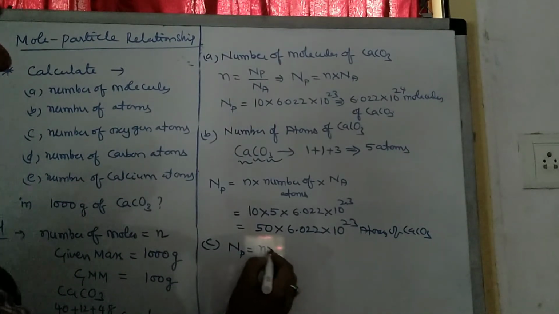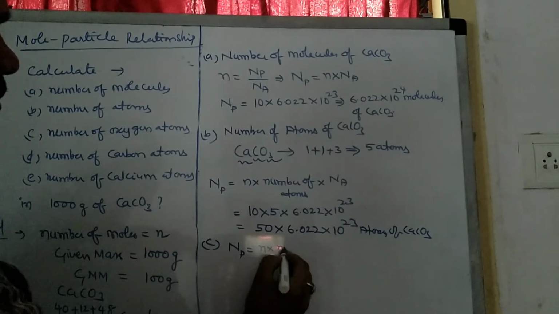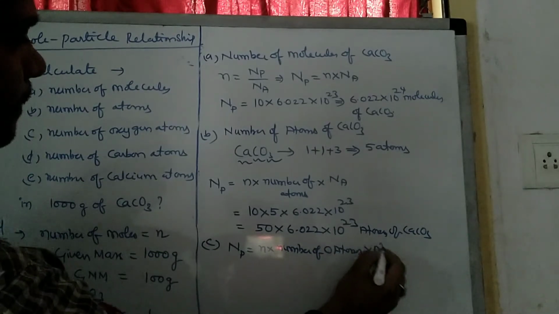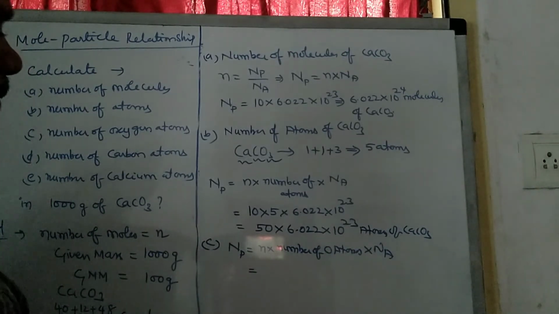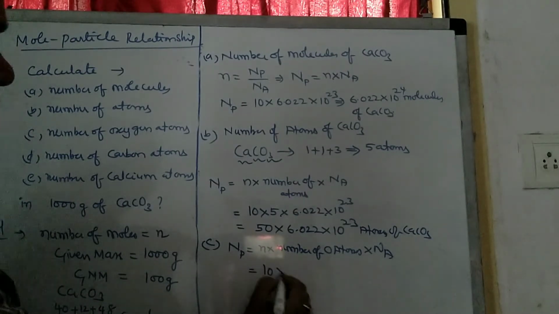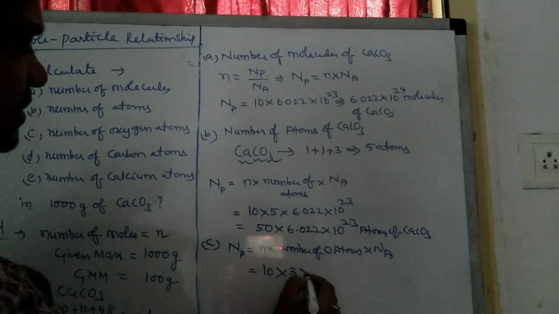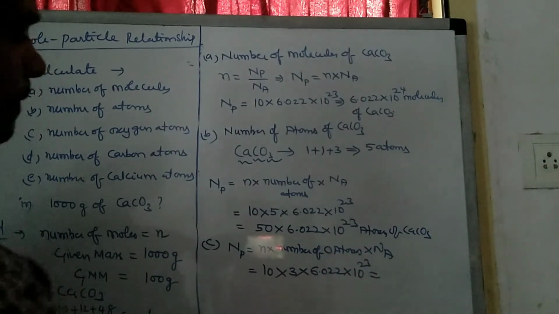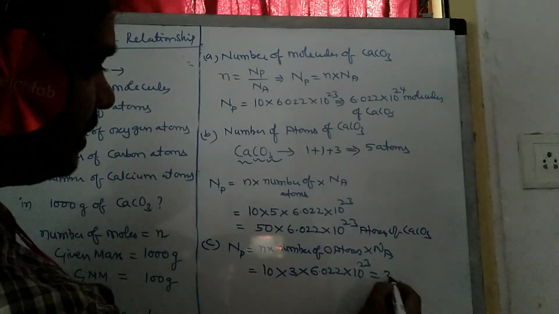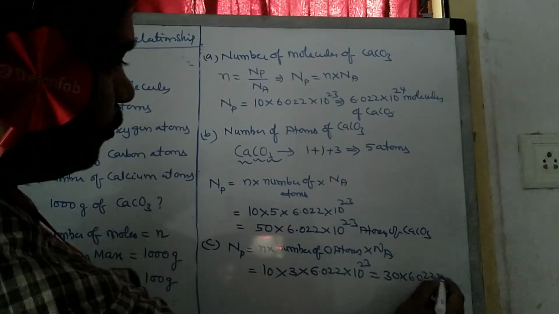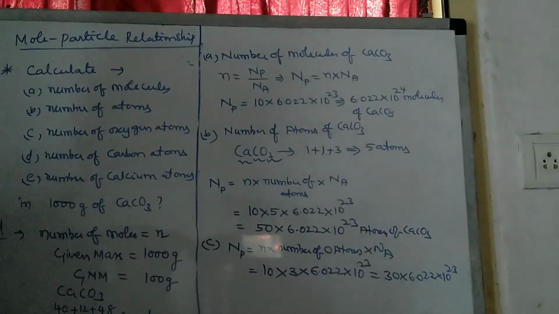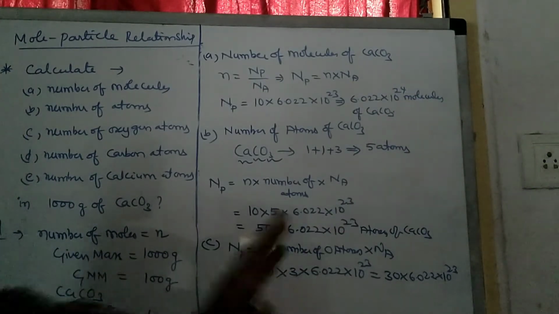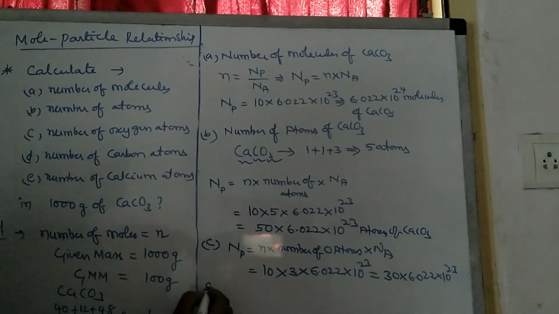Np equals n into number of oxygen atoms into Na. n is 10, as already done in the problem, number of oxygen atoms 3, into Avogadro number 6.022 into 10 power 23. We'll get the value as 30 into 6.022 into 10 power 23 as the number of oxygen atoms.